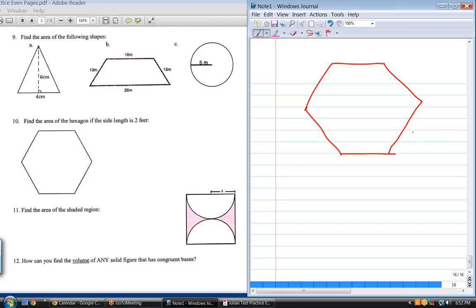And the only thing they're giving us is that. Well, we did a hexagon with a side length of 2 already, right? Okay. So remember how we do it? We need the apothem. How am I going to get the apothem? Let's see if you remember how we did it.